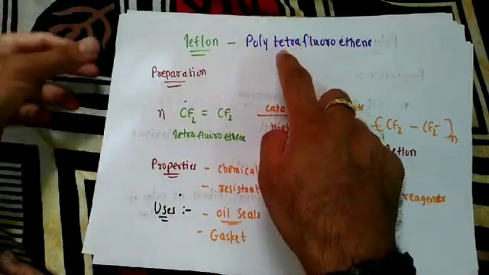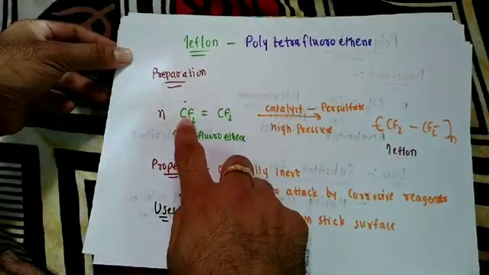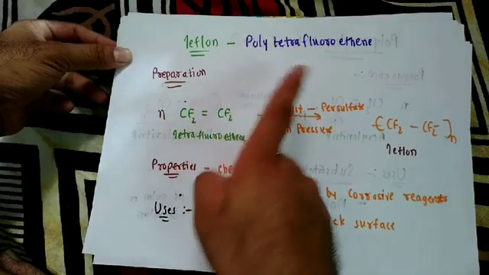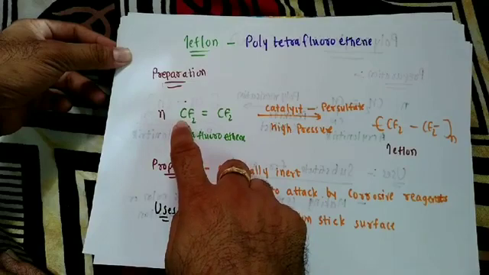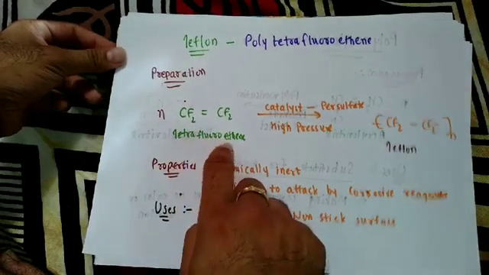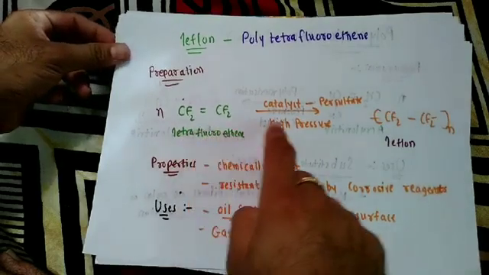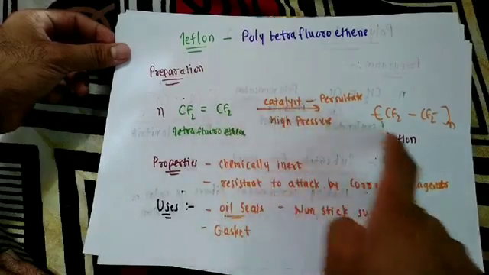So the monomer is tetrafluoroethene. Tetrafluoro means 4 fluorine atoms are there. Ethene means they are a derivative of ethene only. So in ethene molecule, hydrogens are substituted by fluorine and you will get tetrafluoroethene. Tetrafluoroethene under high pressure in presence of persulfate catalyst will be converted into Teflon.